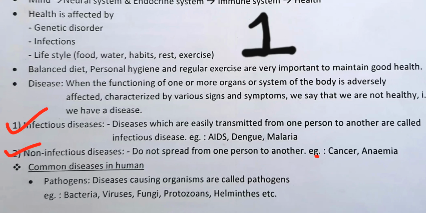Number one, infectious diseases, and the other one is non-infectious diseases. The term itself explains that those diseases which can be transmitted from one person to another are called infectious diseases.